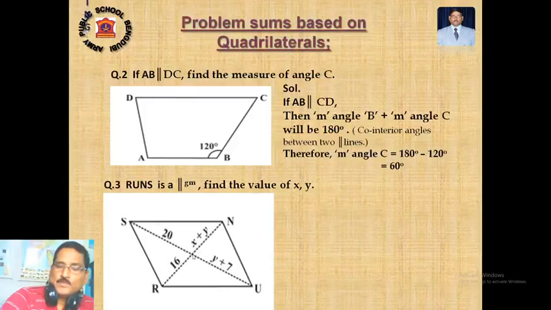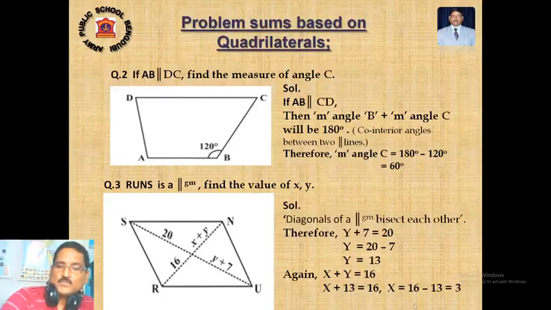So y is equal to 20 minus 7, that is 13. After getting the y value, put it here. x plus y is equal to 16, and y is 13. So x is equal to 16 minus 13, that is 3. This way I can find out the missing values of a quadrilateral by applying its properties.